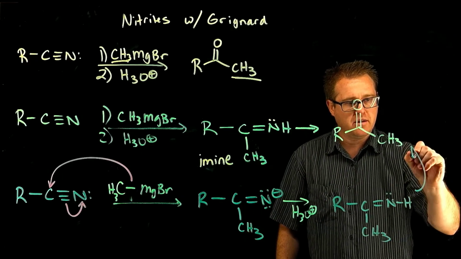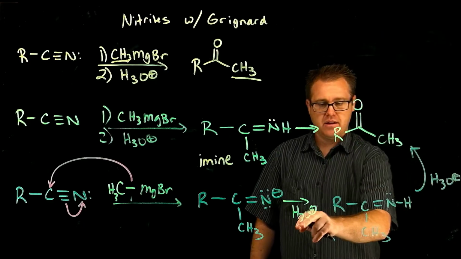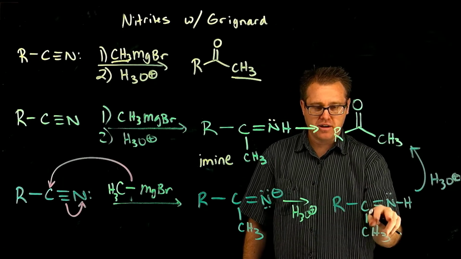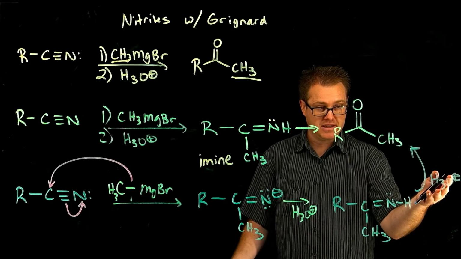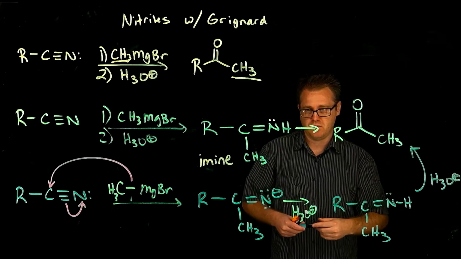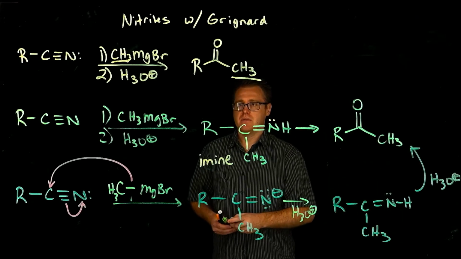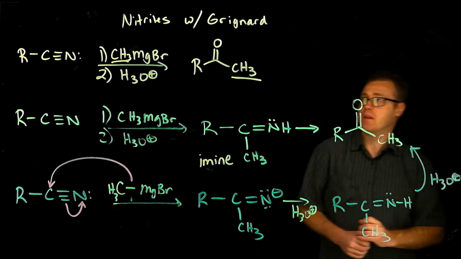But you are still in acid. And it's really hard to stop this guy here at the amine when you're under aqueous acidic conditions. And that's going to then hydrolyze into the ketone. Okay? So that's the mechanism with that.